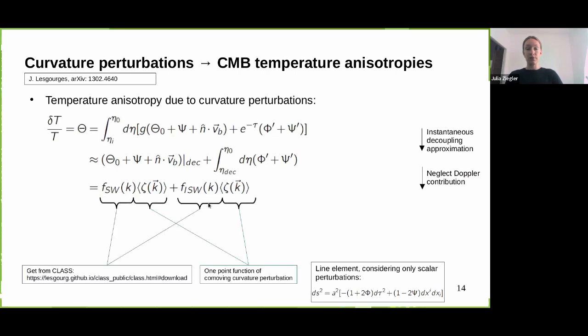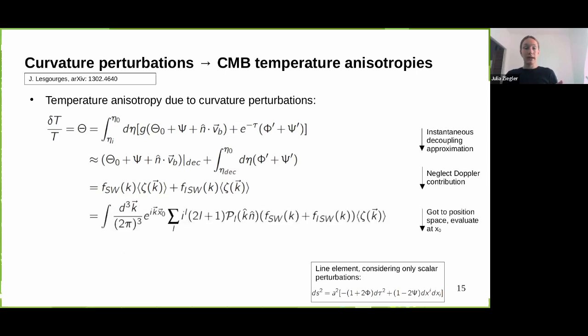And the Sachs-Wolfe and integrated Sachs-Wolfe contributions we can get from the code CLASS. And the curvature perturbations are just the one-point functions which we calculated a couple slides earlier. So these are known for us, and they depend on the mass of the particles. We then go to position space and evaluate at a position x0.